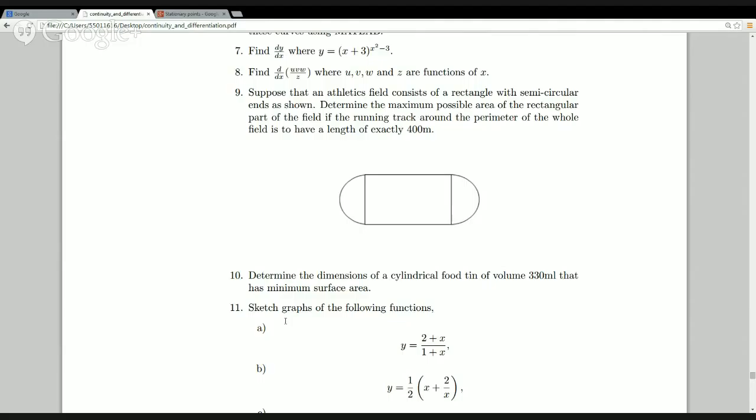Okay, that's what the volume of a cylinder is. The surface area, well, there's three parts. There's the circles at the top and bottom, and then there's the curved wall. So the circles both have area pi r squared, and there's two of those. So it's 2 pi r squared.